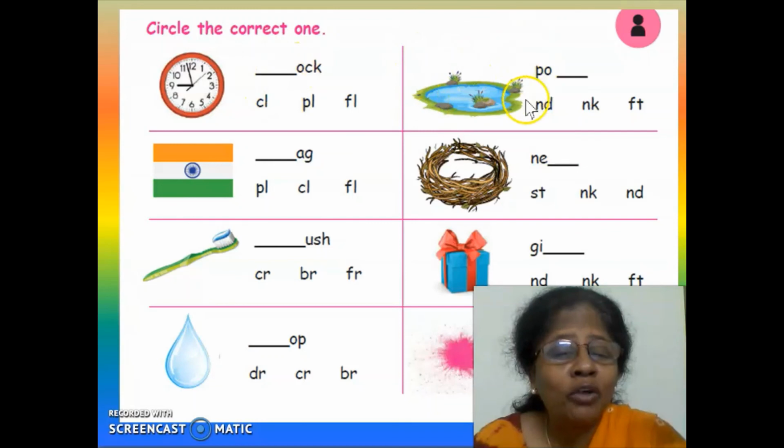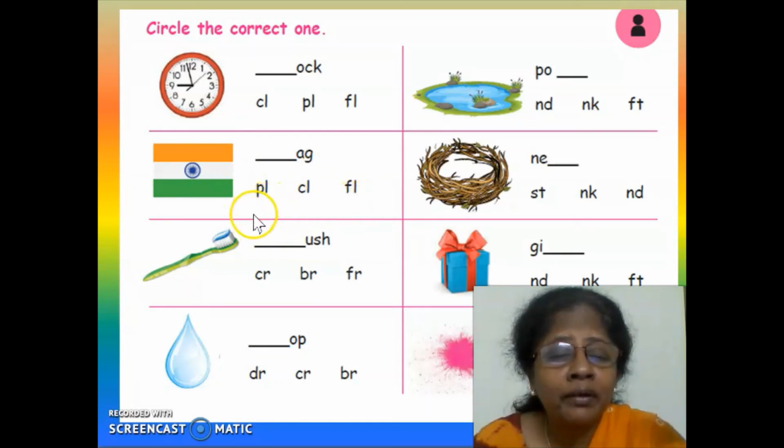And here we know what this is. This is a pond. So you have to have an nd sound here. You have to pick nd, ink, ift. So you pick the nd sound and put it here. And what is this? This is a picture of a flag. Which of these says the sound fl?